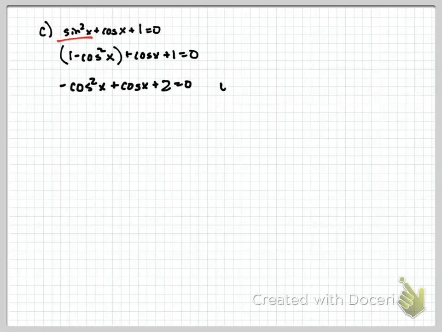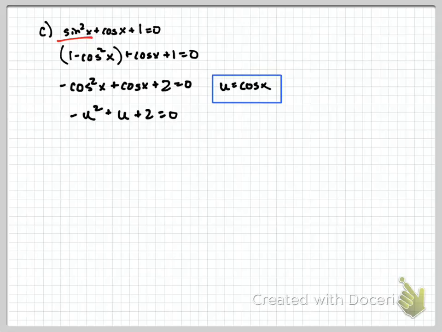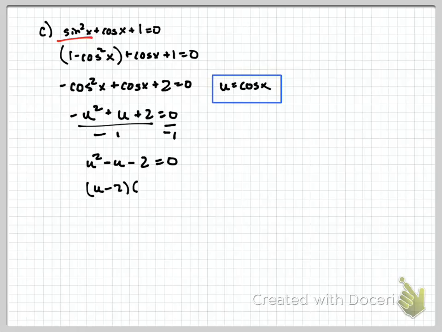We can let u again equal cosine x. Just make our life easier. So we get negative u squared plus u plus 2 equals 0. And now I would divide everything by negative 1 to change the sign, so it's easier to factor. So u squared minus u minus 2 equals 0. u minus 2, u plus 1.